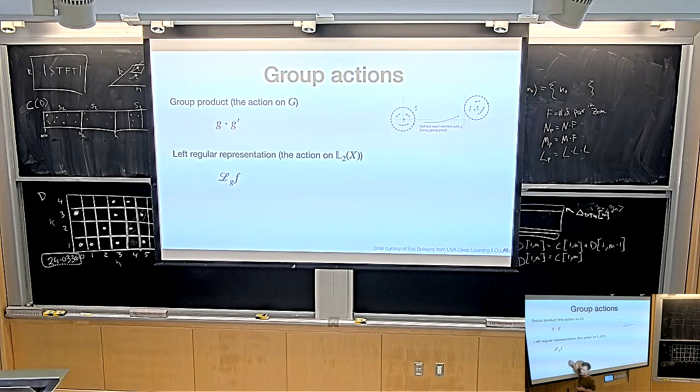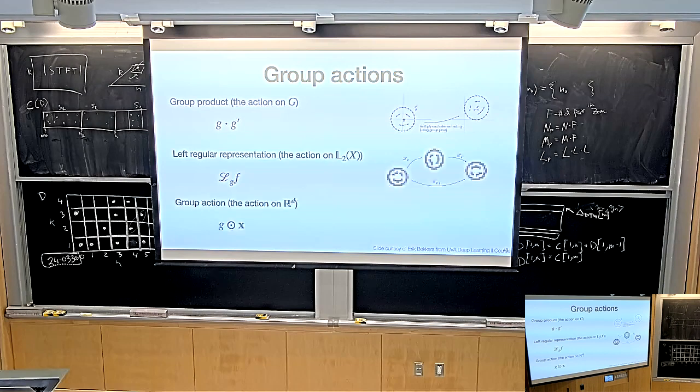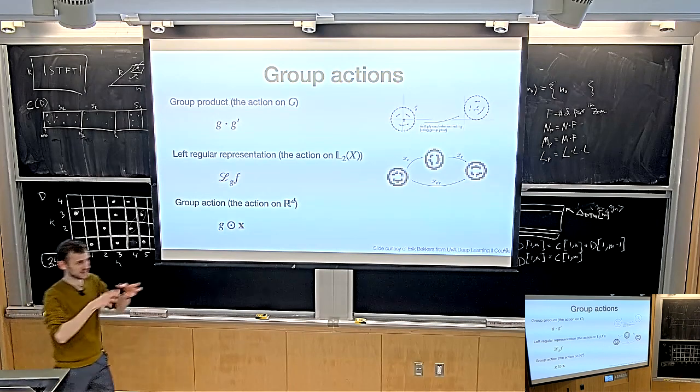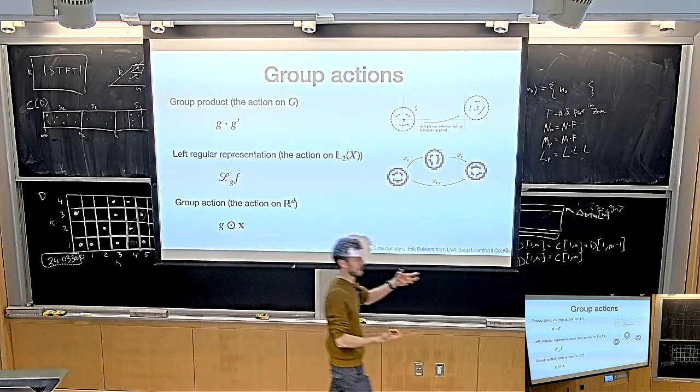One action might be on the group itself. You can take a translation, like a vector in R2, which itself represents a translation, and you can translate it by applying a translation to that vector. You can take a function defined on R2 and translate it like an image, shifting the input to the image, and then you shift the image around. This is the point where we discussed that sometimes the group is different from the vector space that it transforms.